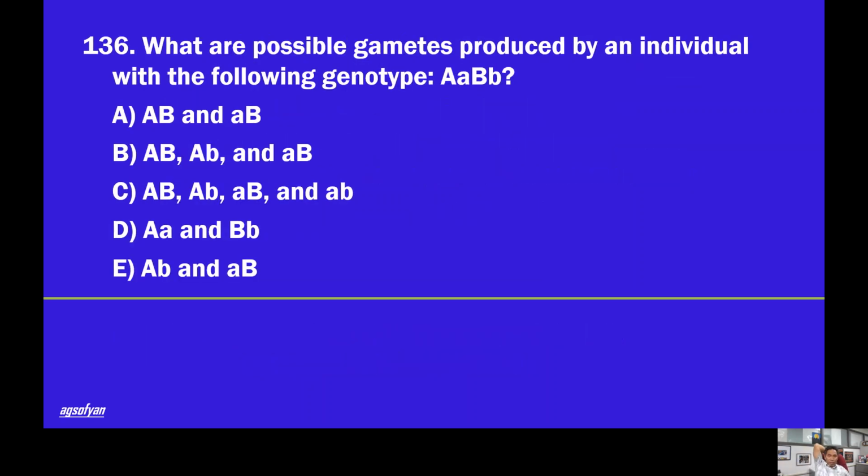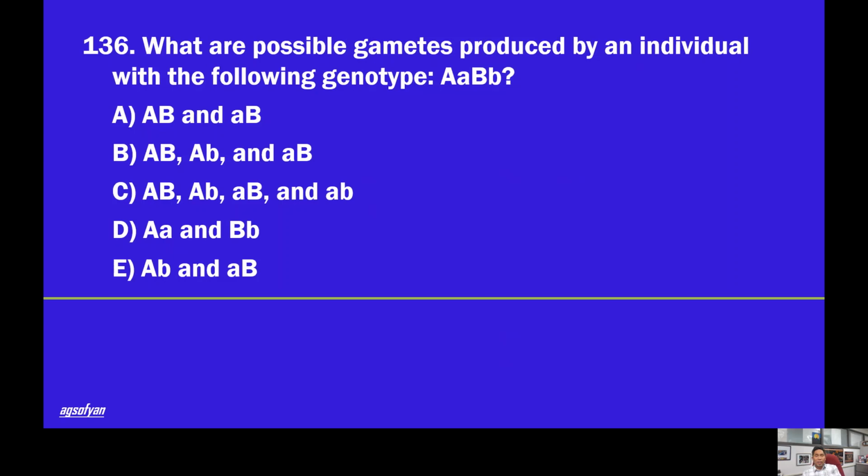136. What are the possible gametes produced by an individual with the following genotype: capital A, lowercase a, capital B, and lowercase b? Choose your answer. A is AB, ab. B is AB, Ab, and aB.